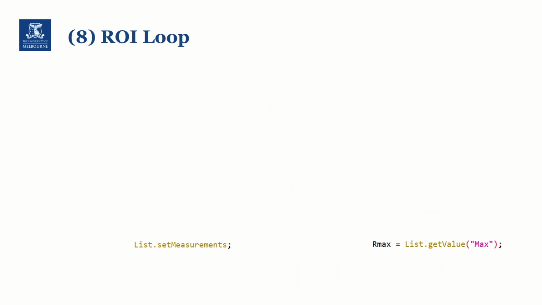So essentially, once we run this List.setMeasurement function, and if we want to grab the max intensity value, the heading of the measurements in the result table is max, so I can put this string and store the value into a variable named rmax.